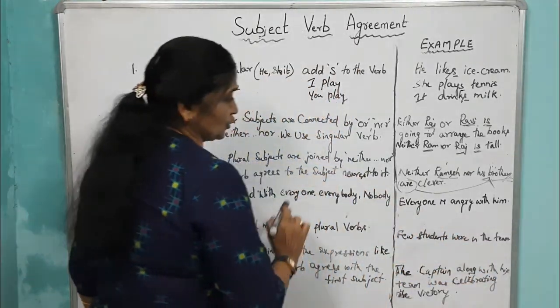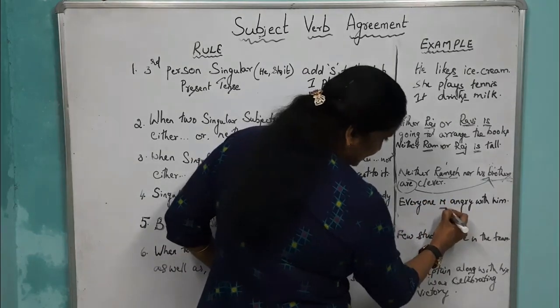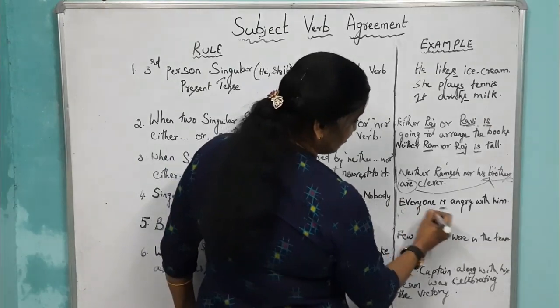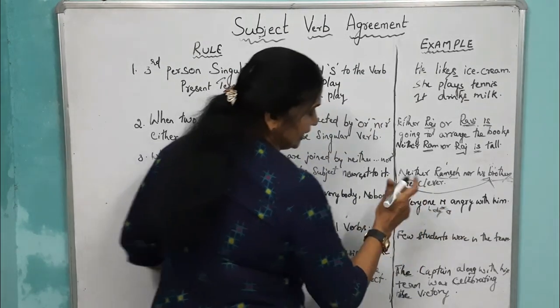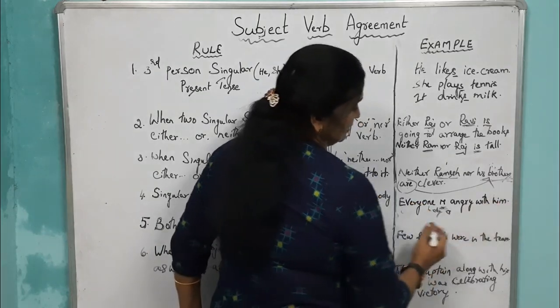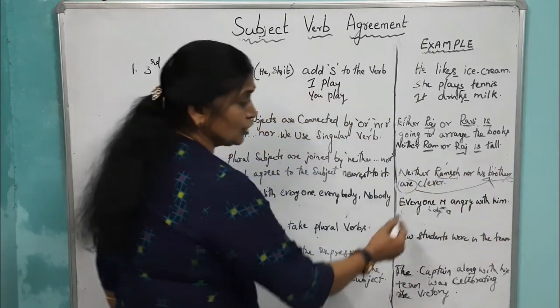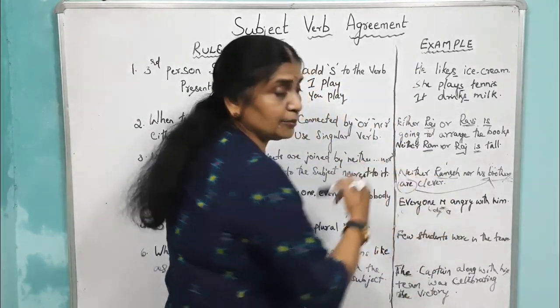But that is not so. You have to write "everyone is," singular verb. Everybody also you have to use "is." Then nobody. So you can replace in the same sentence: Everyone is angry with him. Everybody is angry with him. Nobody is angry with him. So all three will take the singular verb "is."